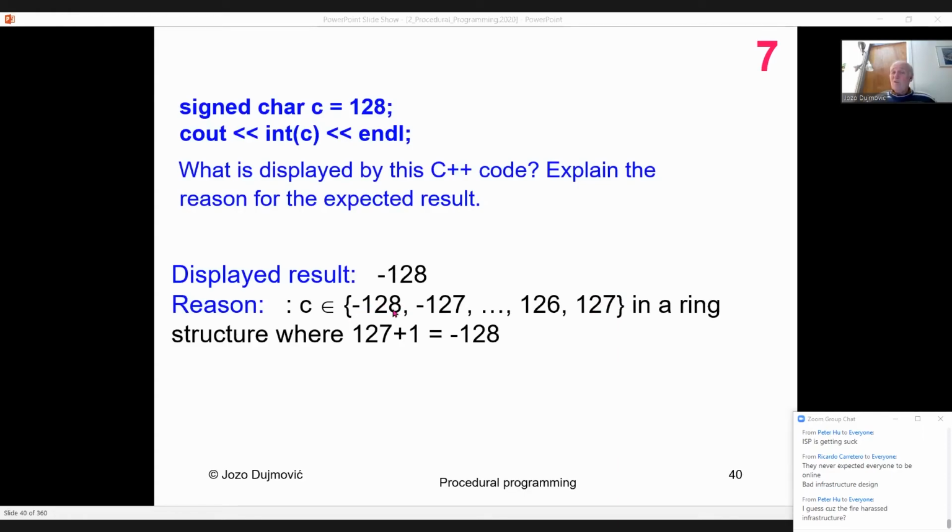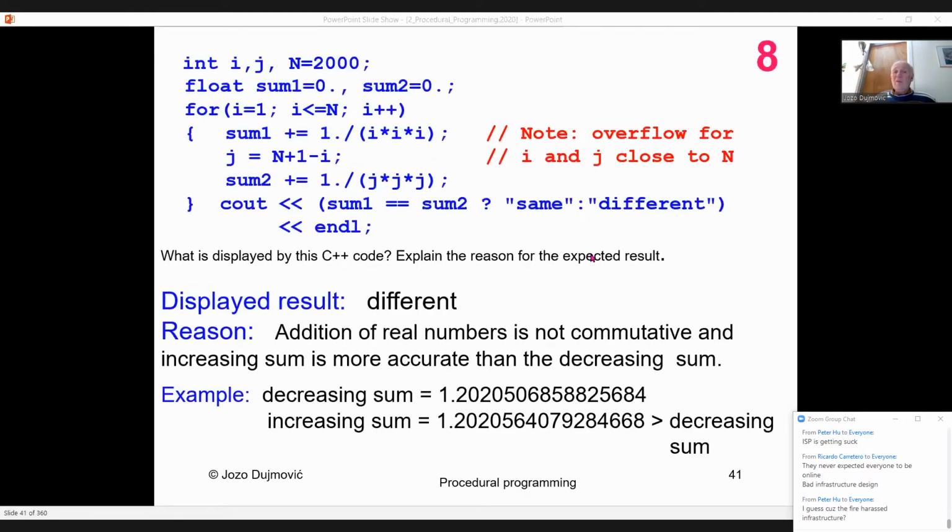And then if you add 1 to 127, you come to the smallest negative value, minus 128. So if I put here 128, this is going to be 127 plus 1. And what is going to be displayed is this value here, minus 128, not plus 128. Try it and you will see that it works that way.